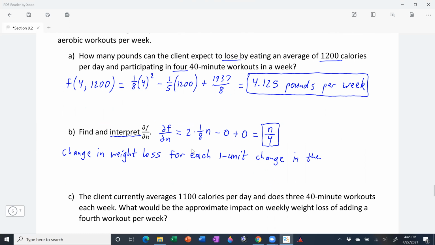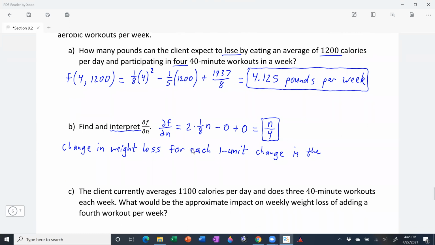And since the units are just one at a time, it's a 1 unit change in the number of workouts.